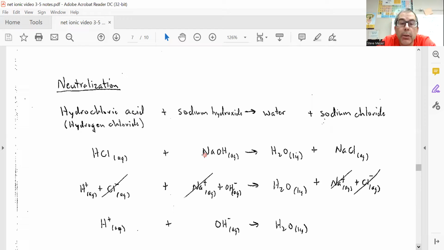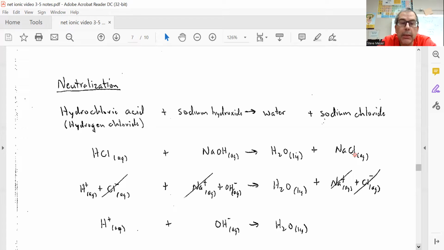The H is going to combine with OH and form H2O, a liquid, and then what's left is the Na combining with Cl, a salt. In a broad sense, salt is an ionic compound. So an acid plus a base forms water plus some type of salt. In this case, it's table salt, or sodium chloride.